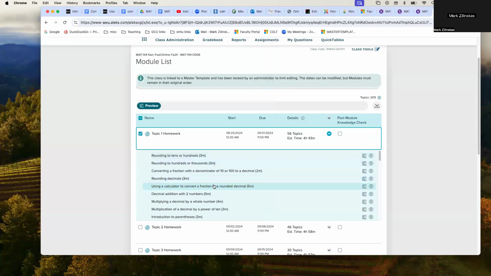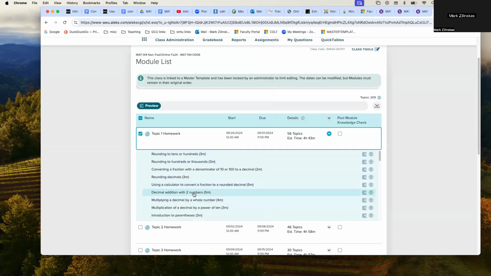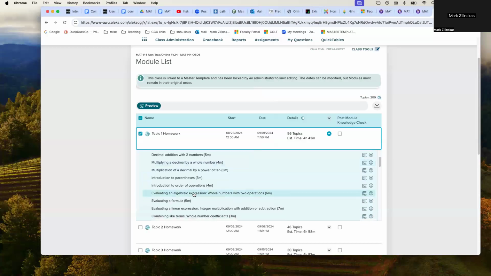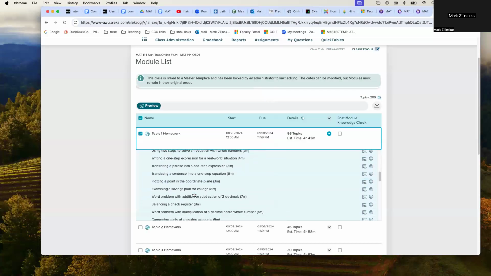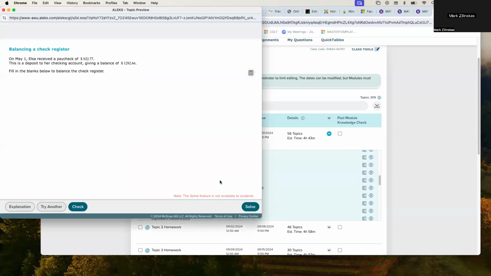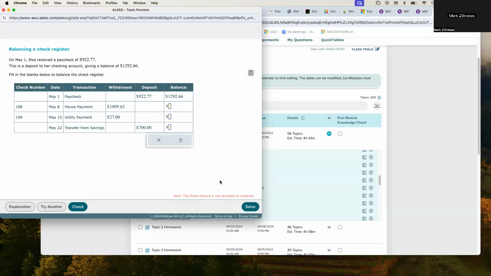But anything here with any type of arithmetic, you're more than welcome to go ahead and use calculators. There's a whole slew of things here, like I said, even something as simple as a checkbook. I don't know if people use checkbooks anymore, or even know what checks are, but nonetheless, we all use credit cards or banking cards.